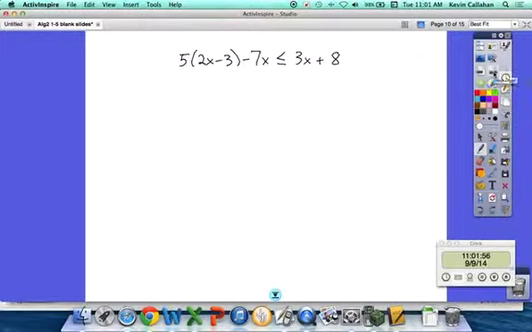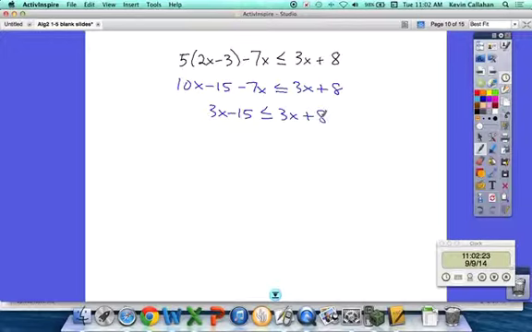Of course, then there's the flip side of that. Distribute: 10x minus 15 minus 7x is less than or equal to 3x plus 8. I combine like terms: 3x minus 15 is less than or equal to 3x plus 8.